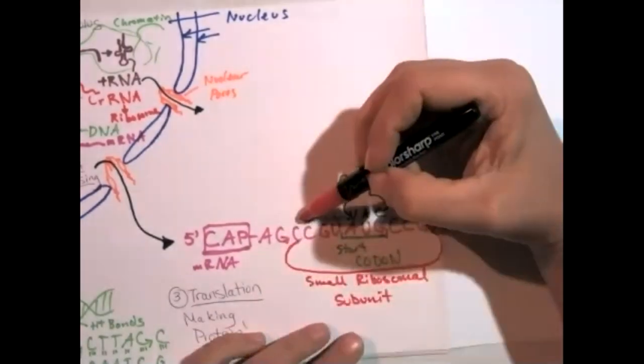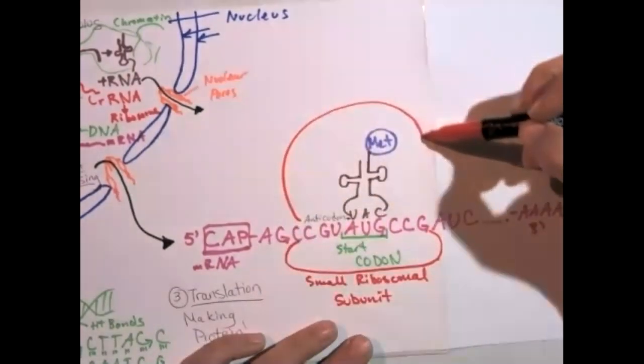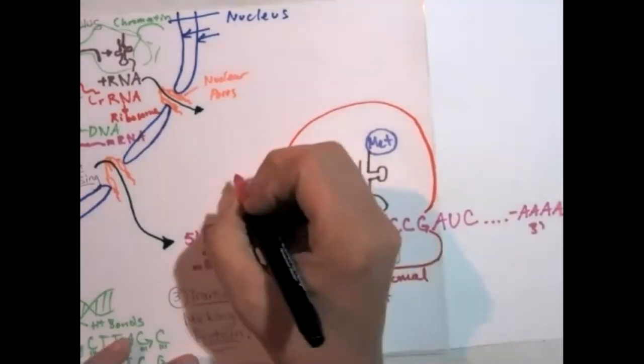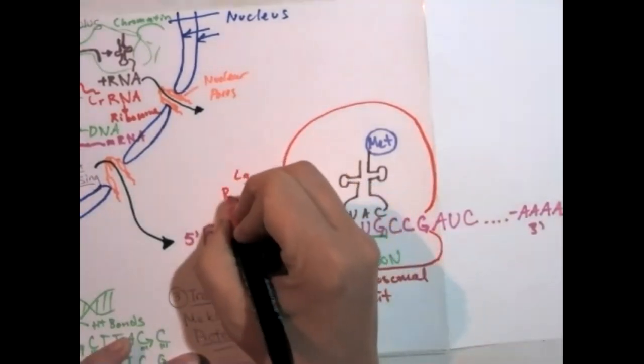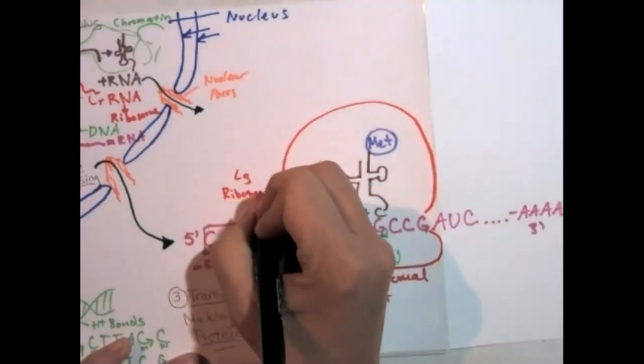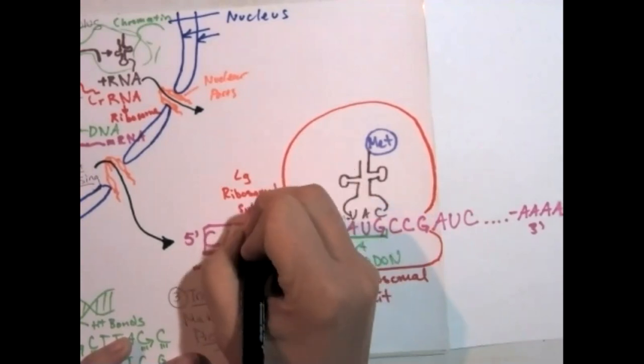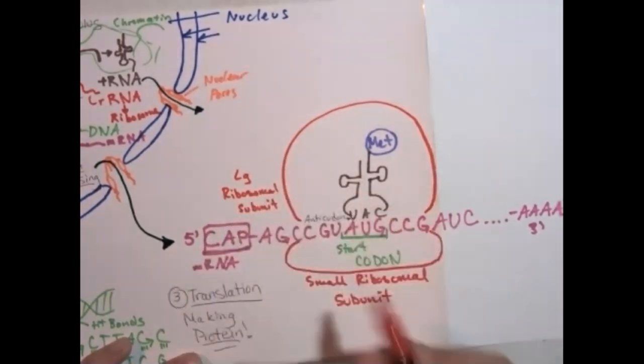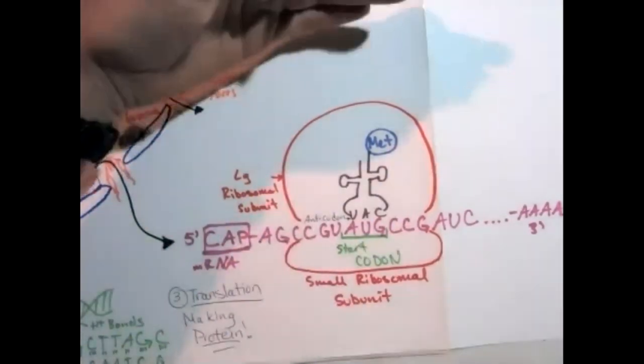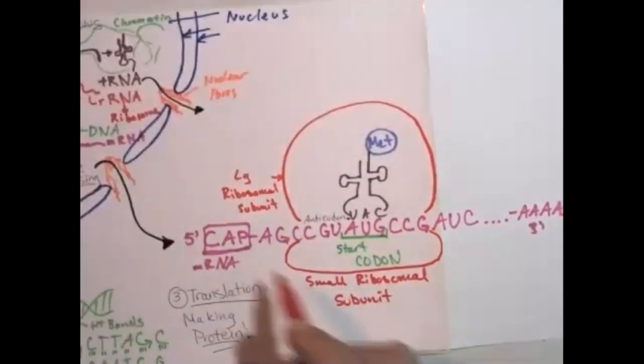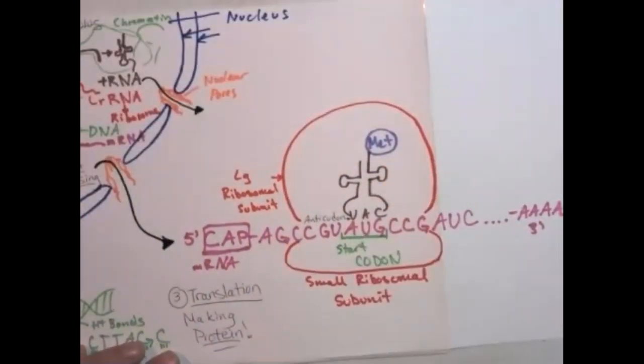Next, the large ribosomal subunit is going to bind, essentially sandwiching the mRNA, the tRNA, and the amino acid inside.